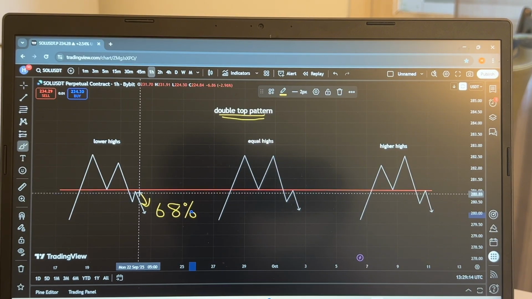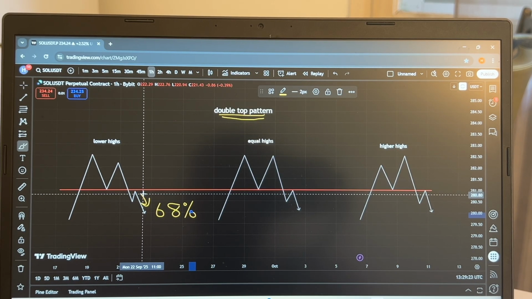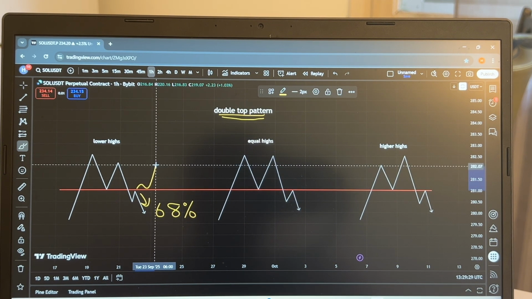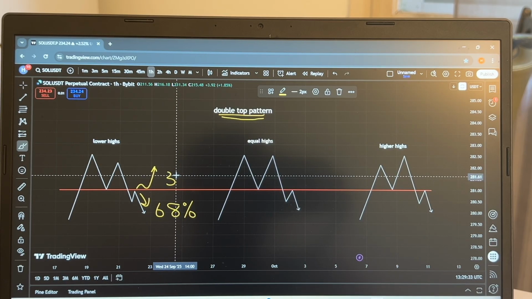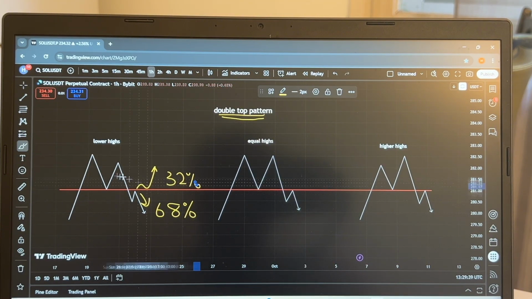The probability of it becoming a downtrend is about 68%, and there is a probability of it not actually retesting the neckline. It breaks in and just keeps on going up. There is a 32% probability of that happening, and it's the same for these two as well.